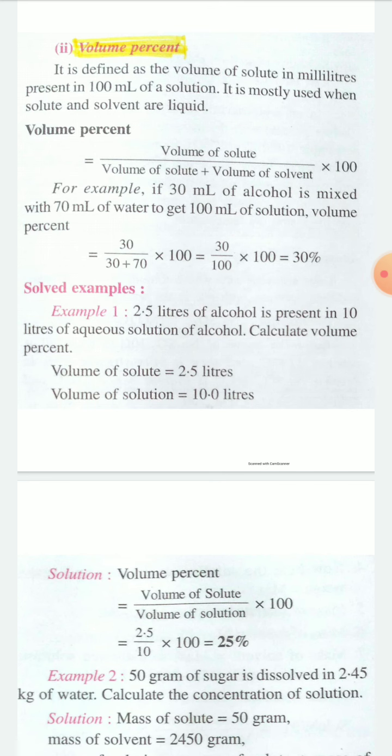For example, if 30 ml of alcohol is mixed with 70 ml water to get 100 ml solution, the volume percentage is 30 divided by 30 plus 70, into 100, so 30 divided by 100 into 100, that is 30%.